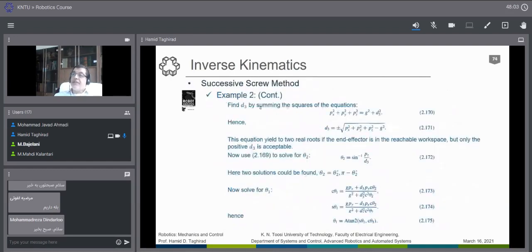We will see that by summing it, the relation is only depending on the D3. The theta 1 and theta 2 will be removed, and we can find the D3 by a plus and minus of this equation. Of course, the D is usually positive. We don't have negative length for a prismatic joint, although there are two solutions. One of them is the positive one, the real solution for that.